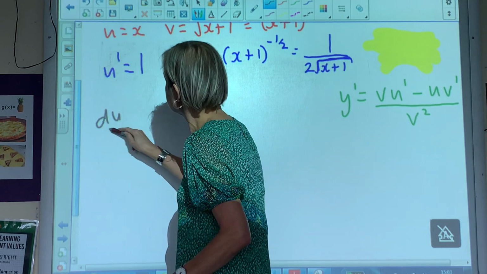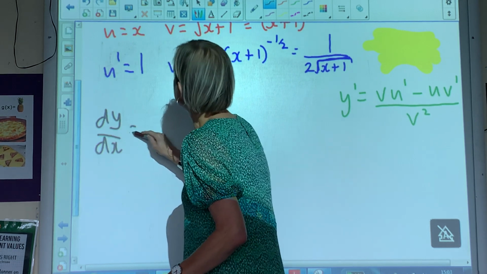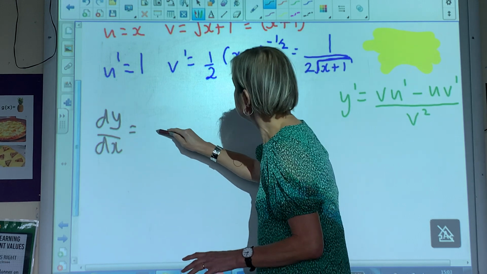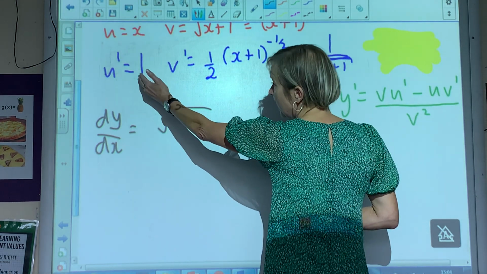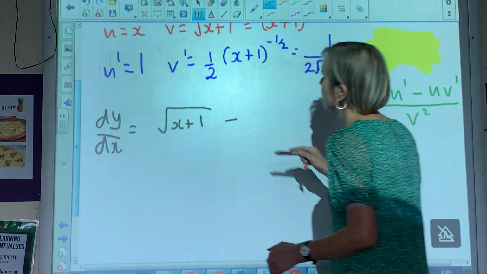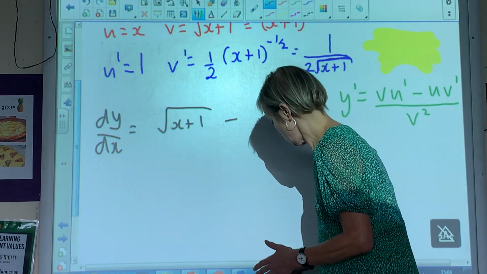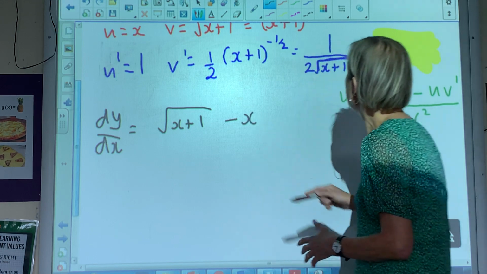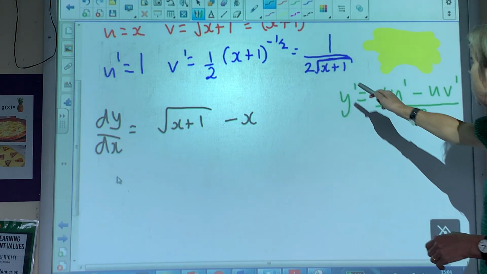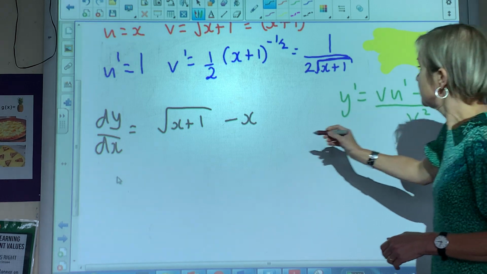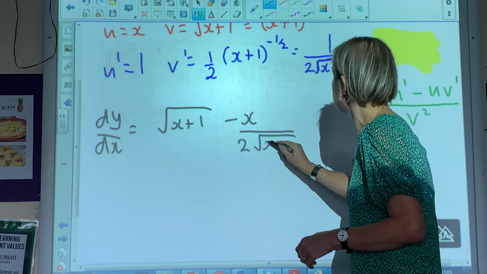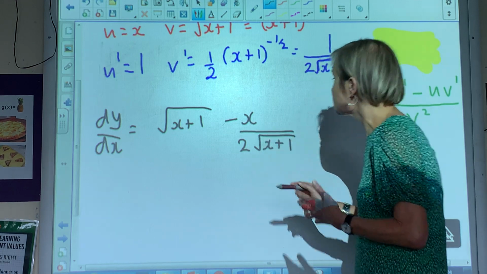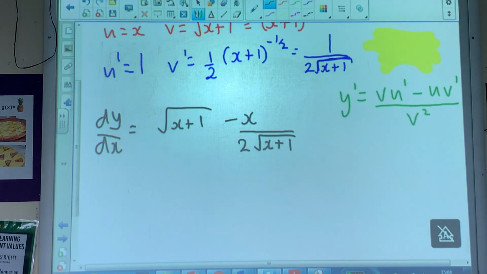dy dx equals v, which is my square root, du dx, which is my lovely 1, take away u, which is x, times dv dx. So that's over 2 root x plus 1. So you can now see why we did those unpleasant questions at the start of today's lesson.